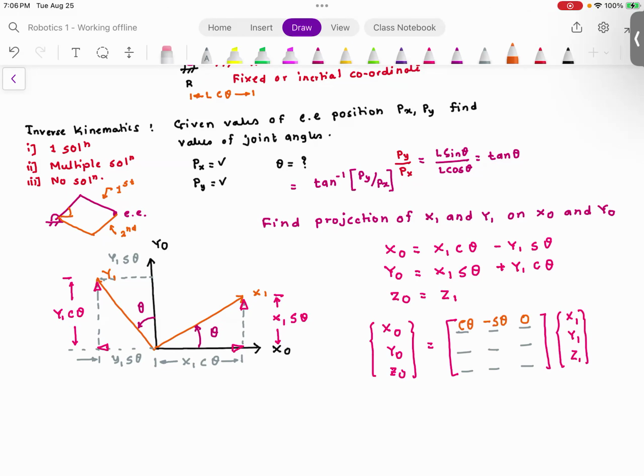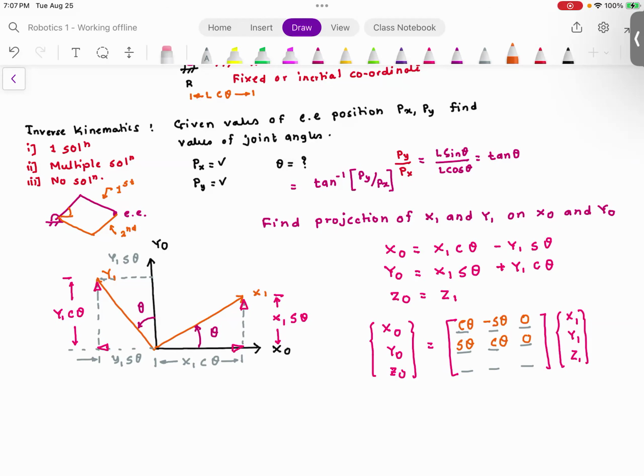Now check this out. We want to perform the matrix multiplication. First row, first column: cosine theta times x1 minus sine theta times y1 plus 0 times z1. I get the first equation. The next one is y0, which is sine theta, cosine theta, 0. So y0 is sine theta times x1 plus cosine theta times y1 plus 0 times z1.